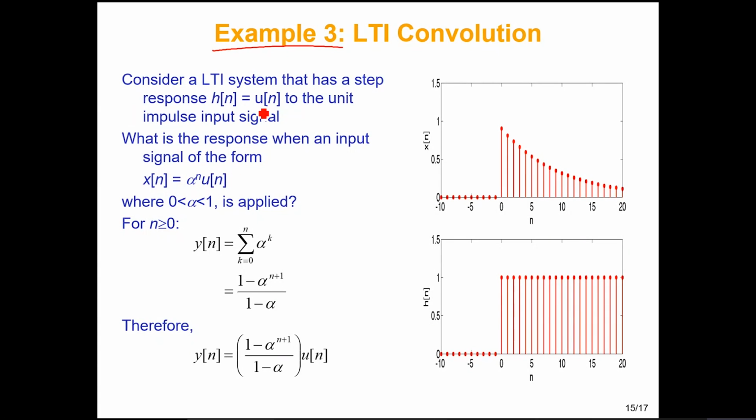Here our h of n, this is our impulse response, is equal to u of n, which is a step signal which becomes 1 at n equal to 0 and remains 1 throughout. It just remains equal to 1 and goes all the way to infinity. Then this becomes very involved in that sense.